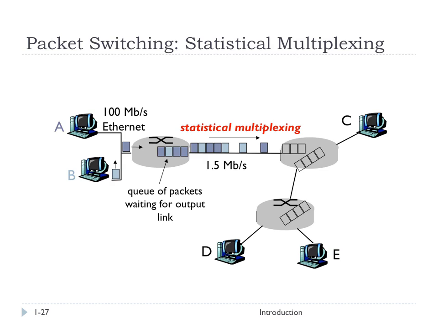Here's an example of packet switching, which is also called statistical multiplexing. The idea here is that if you were to send packets out from A and B, and they're going out to other hosts on this network, you can see that A and B have different colors of packets.